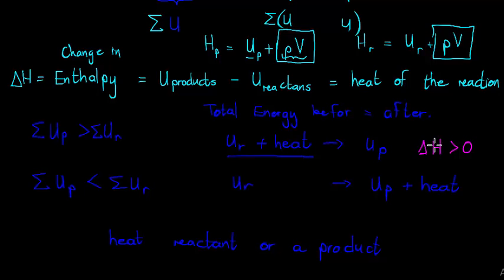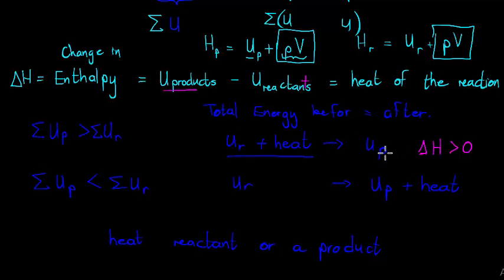Again, you don't have to learn this off by heart. You just need to know that enthalpy is the change of internal energy in the products minus the reactants. So if it's positive, it means I've got more internal energies in the products than I had in the reactants, which means that my products have more energy than my reactants.